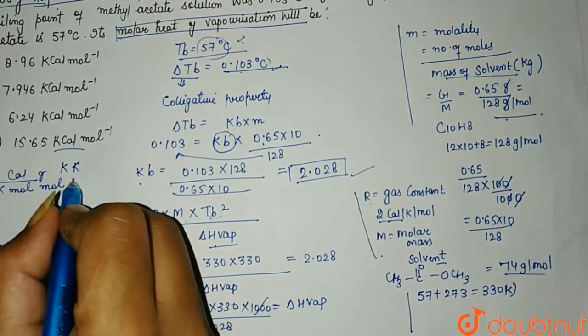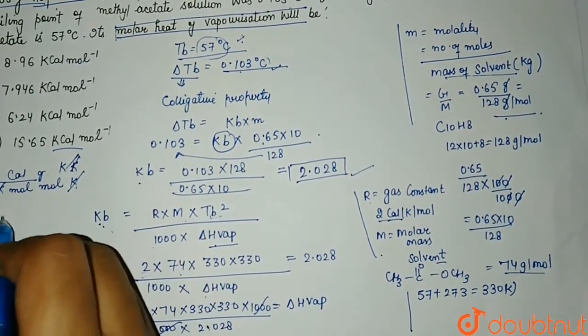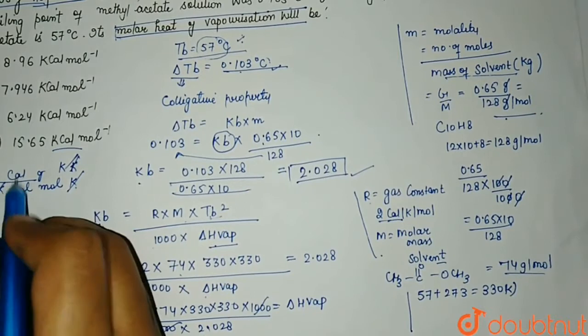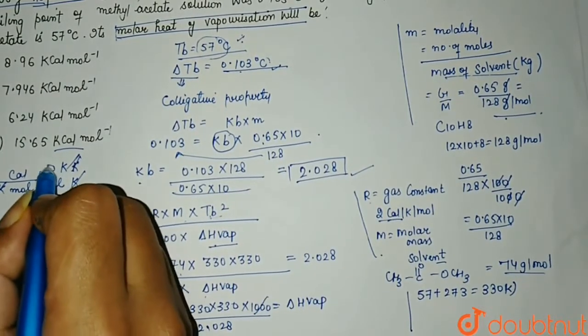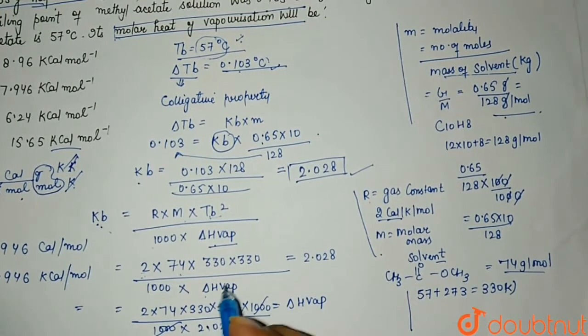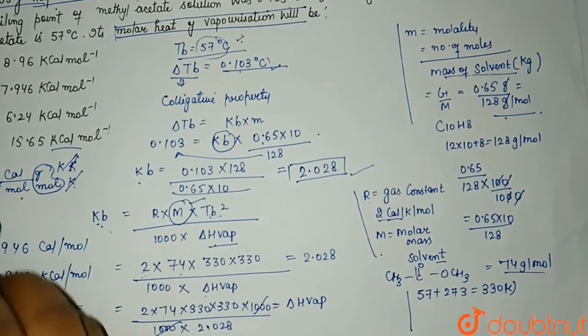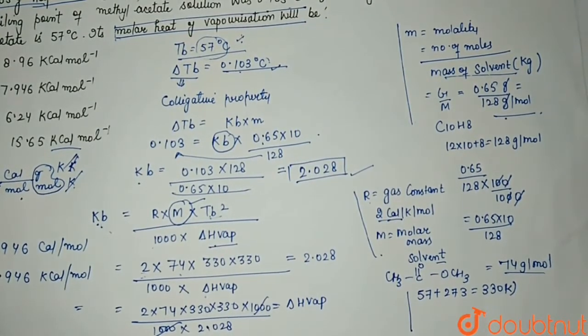This is also in Kelvin. So let's cut it over here. This has been cut by this, and here we got the calorie per mole. This gram per mole is the molar mass which is present over here, the molar mass which we have calculated over here.